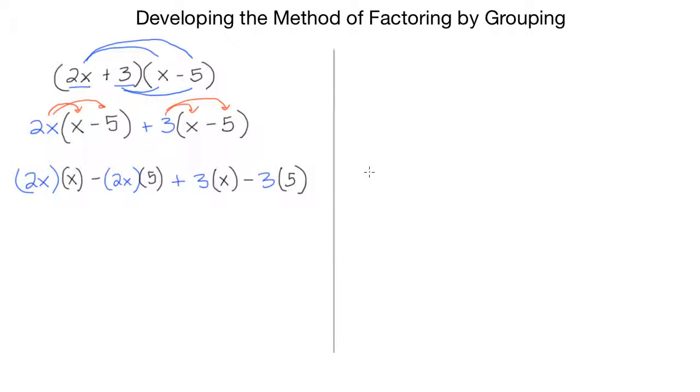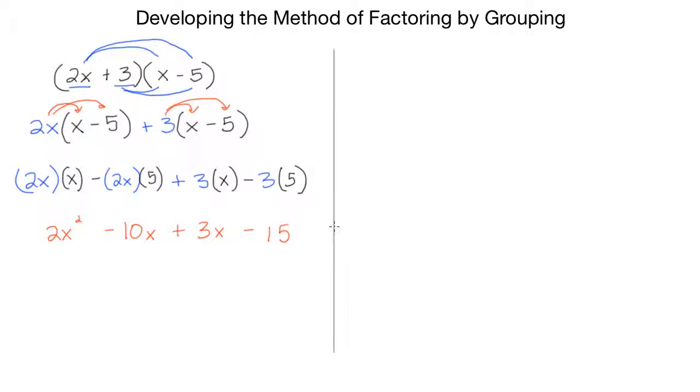Okay, so it's a little bit painstaking the way I wrote it out, but you kind of get the idea. We use the distributive property, we multiply everything out, and for a final result, we get 2x squared minus 10x plus 3x minus 15.